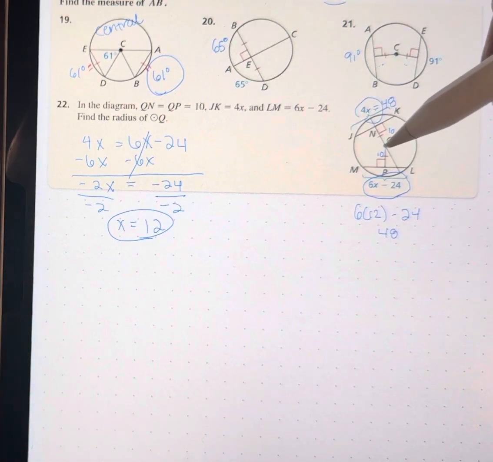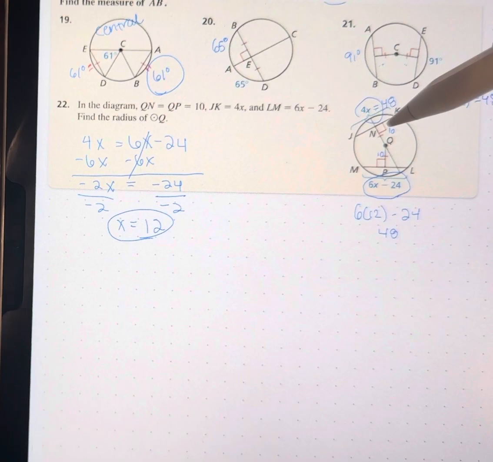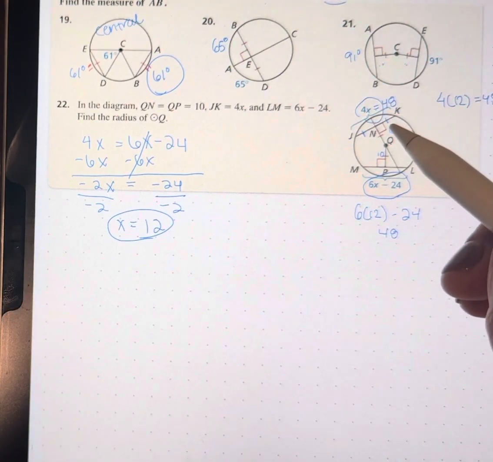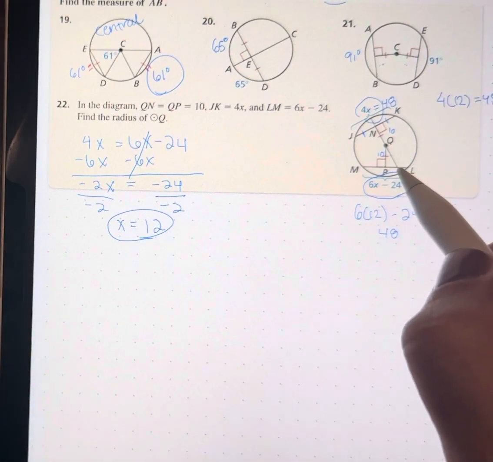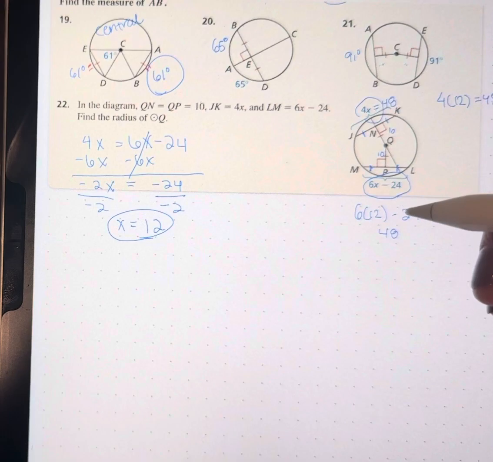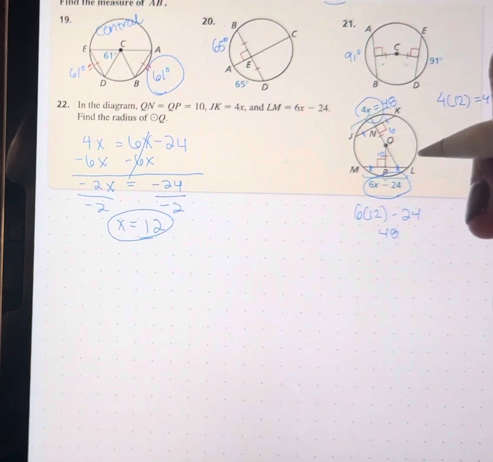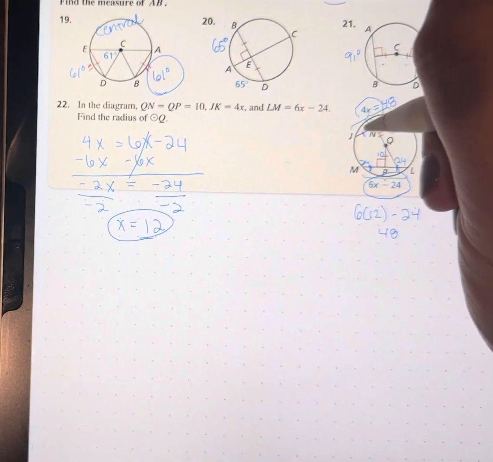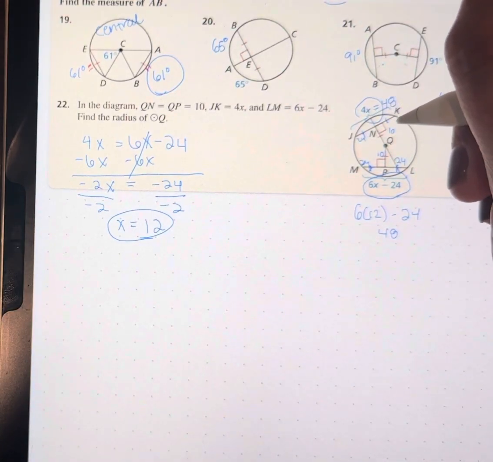And then this line coming from the center that is perpendicular must also be cutting it in half. So this must be congruent to that, which means that each one of these pieces of the chords is half of 48. So they're 24. Okay, and 24 here, and 24 here.